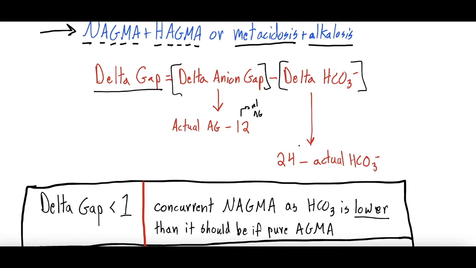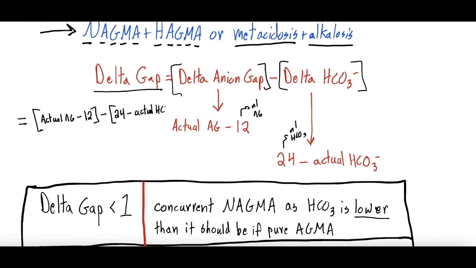And it's going to be minus the bicarbonate, being 24, this is just a normal bicarbonate, minus the actual bicarbonate. Right? So if we write this out, the delta gap equals the actual anion gap minus 12, which is just a normal anion gap, minus normal bicarbonate, which is 24, subtracted by the actual bicarbonate.